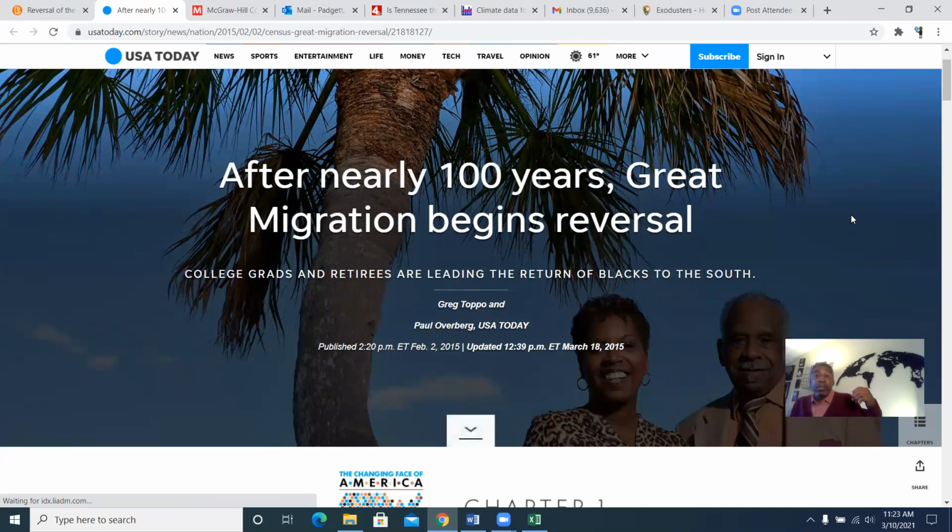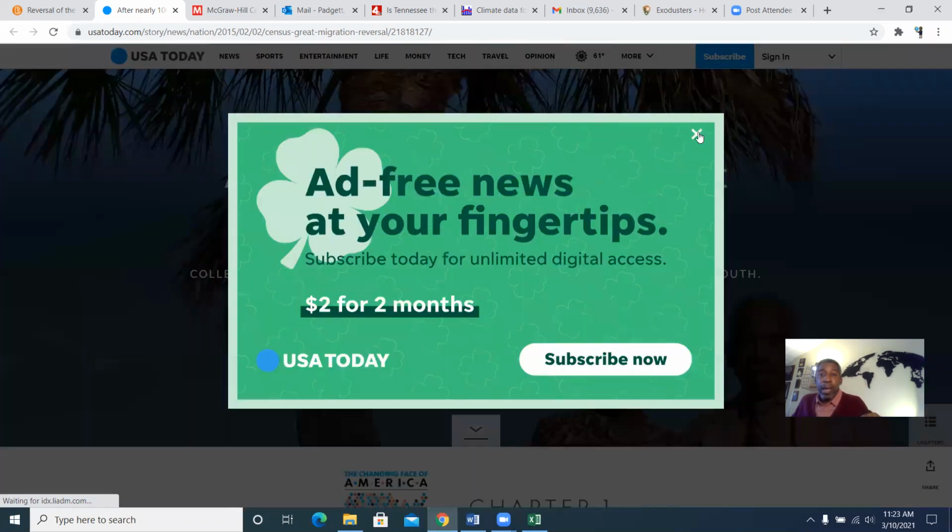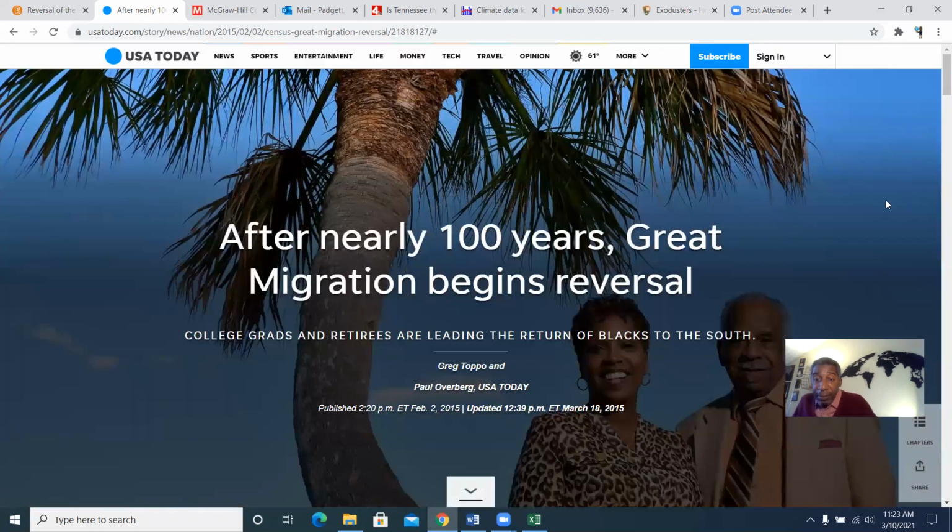So the question is, okay, well, what happened? What is happening? So for decades, basically a century or so, Black people were leaving the South. And we have all the reasons why they were leaving the South.